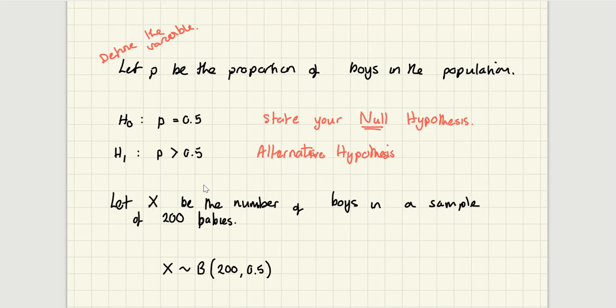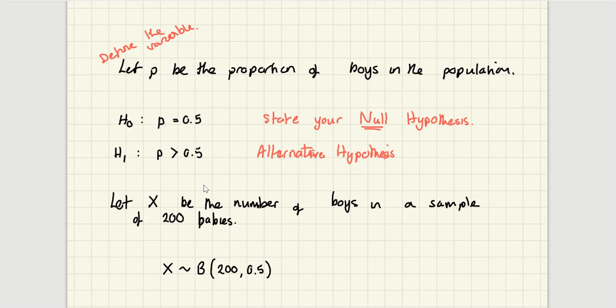She said there's more boys than girls, which assumes that the probability of it being a boy is more than a half. So that's why we've got P greater than 0.5 as the alternative viewpoint. So that's your alternative hypothesis.